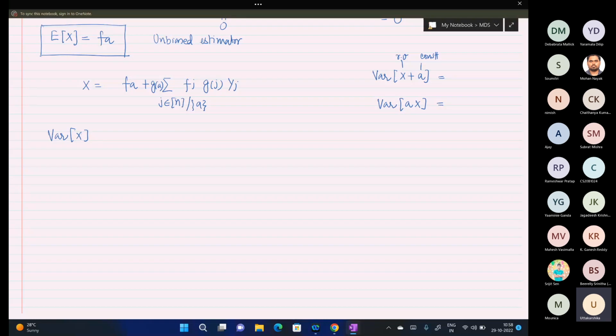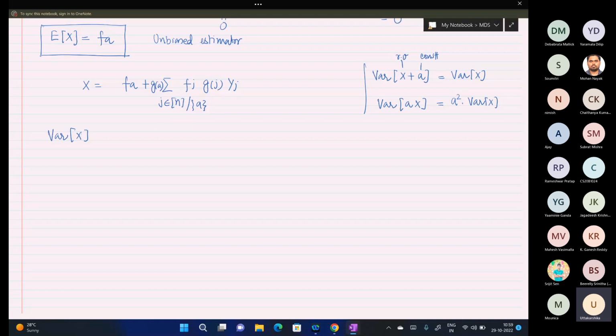Variance of X plus A is variance of X. And variance of A into X is A square into variance of X. You can verify these two by using the definition of variance.